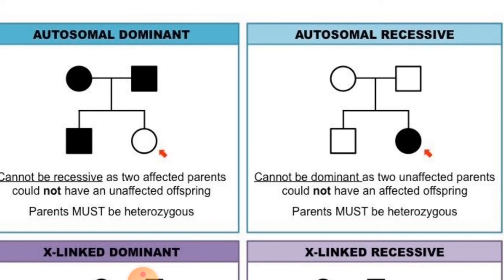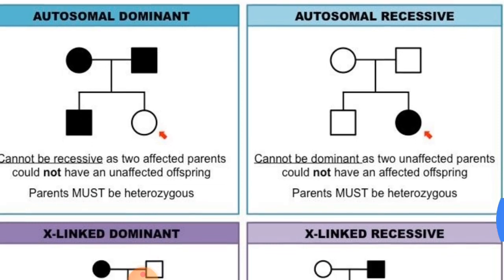So the parents are heterozygous for this character. It became homozygous in one of the offspring, so it is expressing this. So this child would not have been produced if the parents were not heterozygous. Clear?